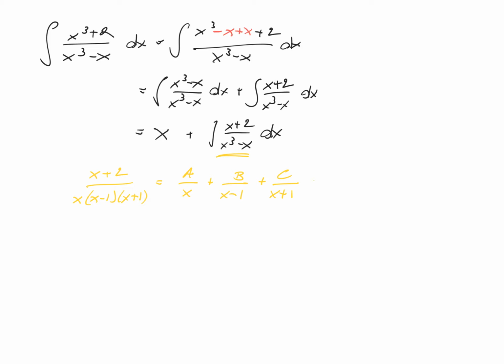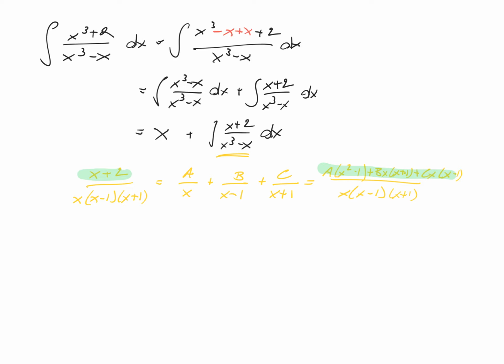In the next step, we bring everything on the same denominator, so x times x minus 1 times x plus 1. This is A times x squared minus 1 plus B times x times x plus 1 plus C times x times x minus 1. And then the left expression has to be equal to the right expression.